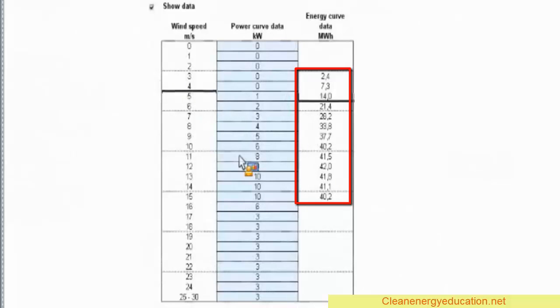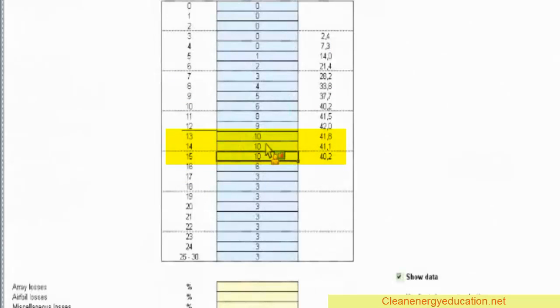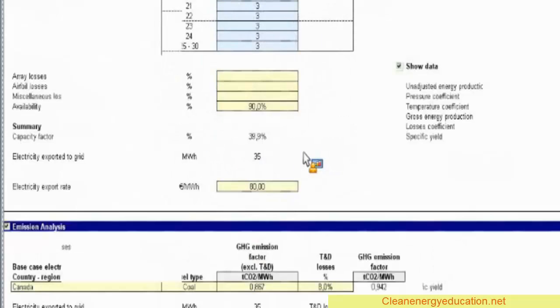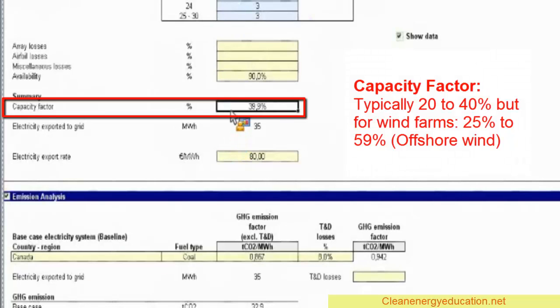So for 5 meters per second we have this generation, and then the best ratios are between 13 and 15, because here we have the maximum output power. Then in this case, using this more accurate method, we find a capacity factor slightly higher than we previously used, 39.9%. Well, I can assure you this is an excellent location.